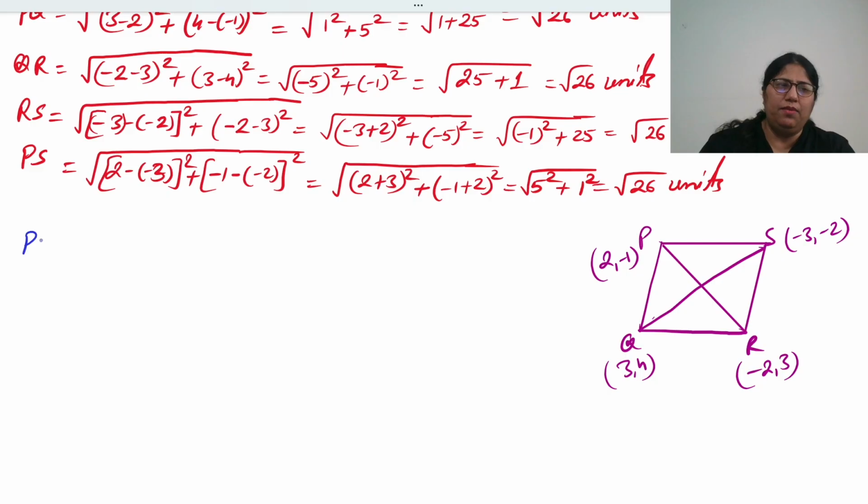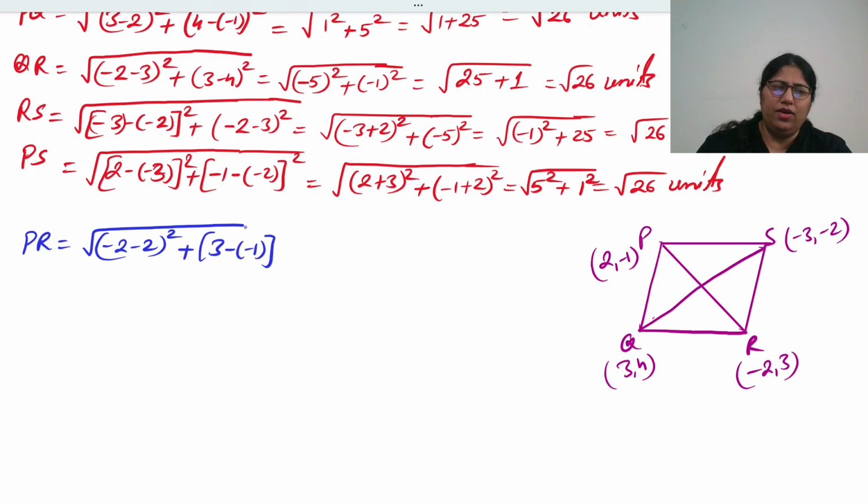So let us first take PR, again use the distance formula, PR length. So I can take minus 2 whole square plus 3 minus of negative 1, because you are subtracting y2 minus y1. Y1 is your negative value. Now if I do simplification, it's minus 4 whole square plus 3 plus 1 square.